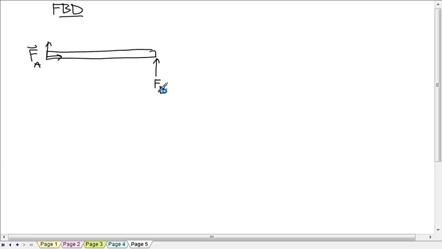And now that we've chosen a body to isolate, we can treat that distributed load as a point force. Where is that going to act? Yep. And so it's going to act 1/3 of the way from B. So the distance from over here is going to be 2/3 of this distance.